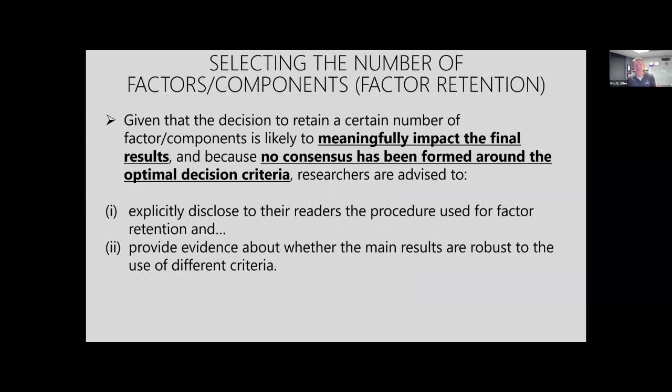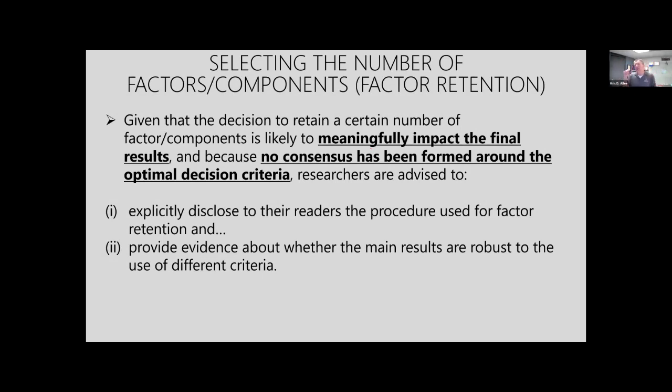Now, given that the decision to retain a certain number of factors is likely meaningful for the rest of your research, we ask that researchers explicitly disclose to their readers what procedure they used, what was their criterion for selecting. Hey, we used the Kaiser criterion. Under the Kaiser criterion, we're using eigenvalues above 1, that's our thing.